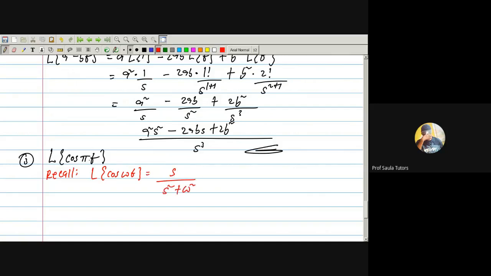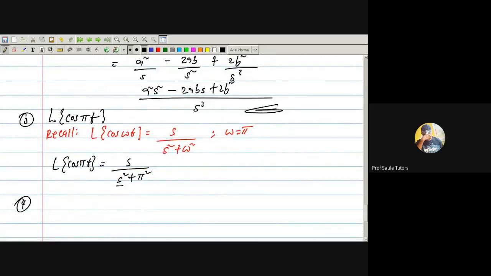So my omega here is now my pi. So just substitute, and you are done. Therefore, Laplace of cos pi t is equal to, oh sorry, that numerator is s, not pi. Because that's cos, you start with s over s squared plus pi squared.